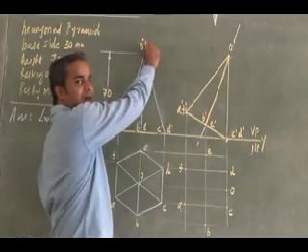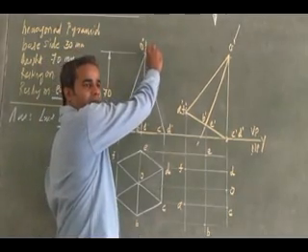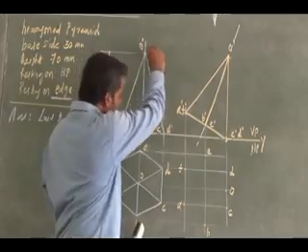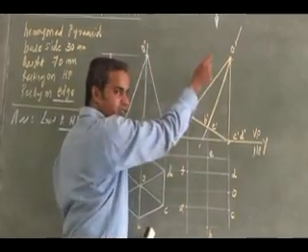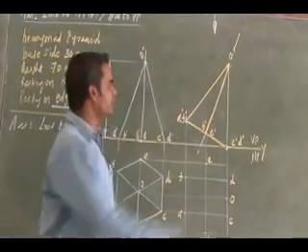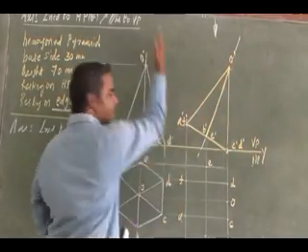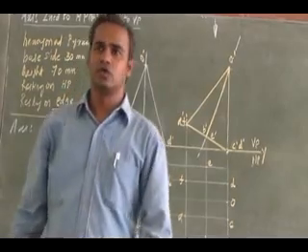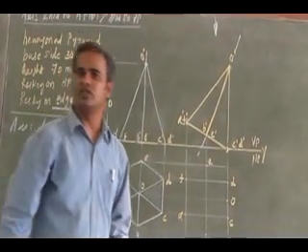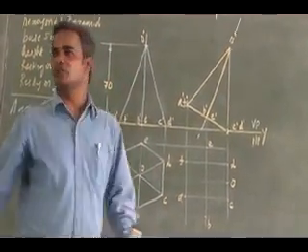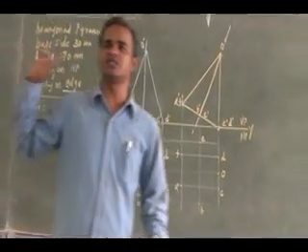If I tilt this apex outside the base, then the base will be hidden. But here it is tilted exactly matching the base. So can I see the base fully or partially? In this orientation, the base is fully visible.